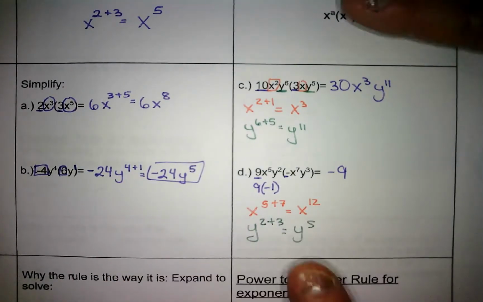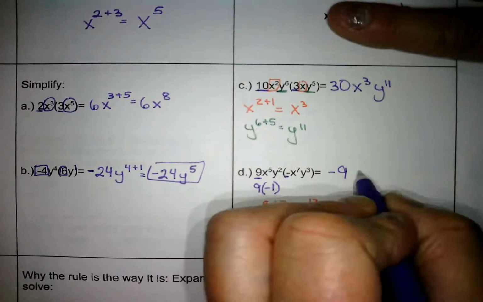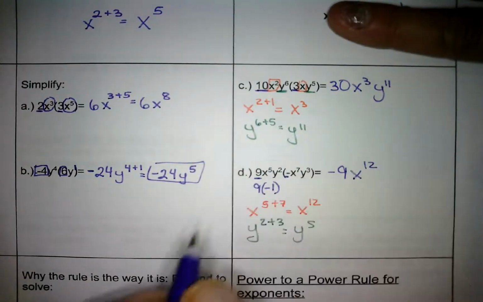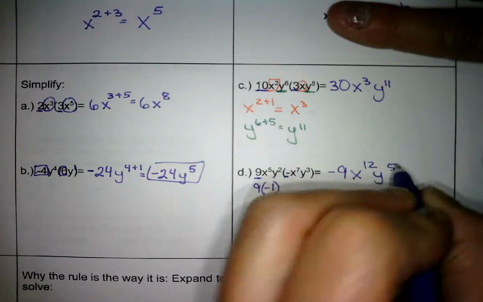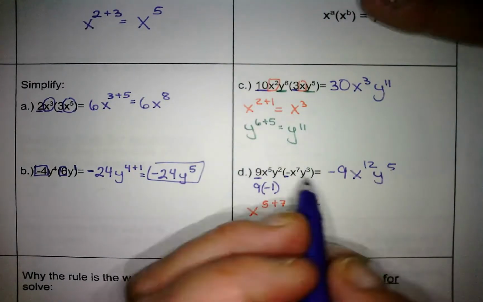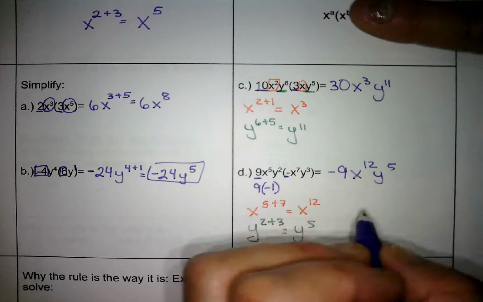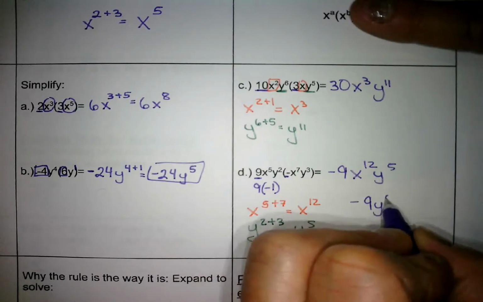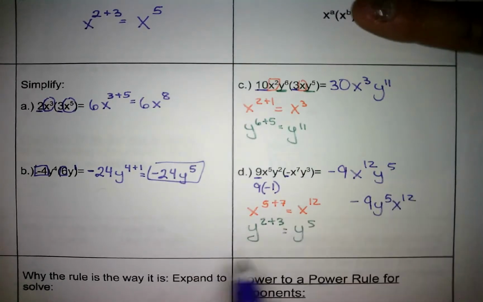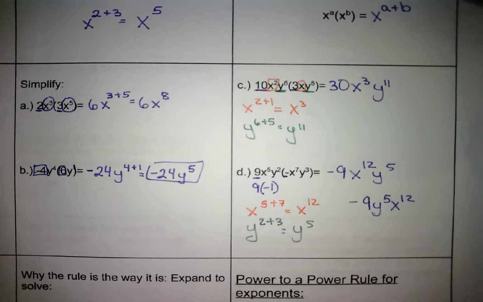So my final answer is going to be negative 9, x to the 12th, y to the 5th. And you can really write it either way. It doesn't matter if you write it as negative 9 x to the 12th y to the 5th or negative 9 y to the 5th x to the 12th. We usually have the x's first when we're writing the answers, but either way is actually correct.